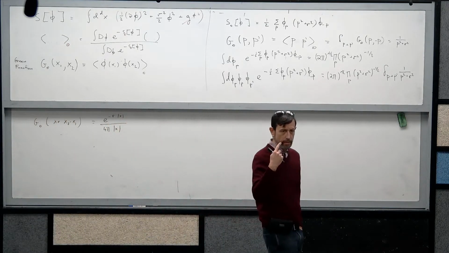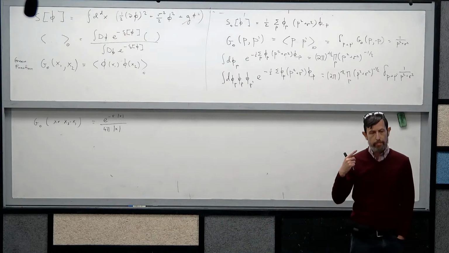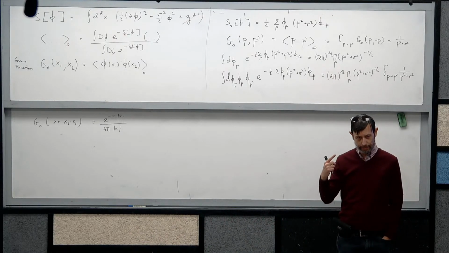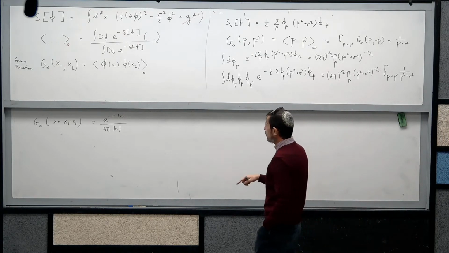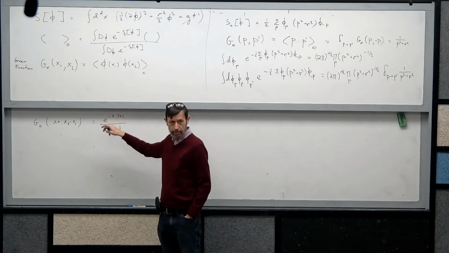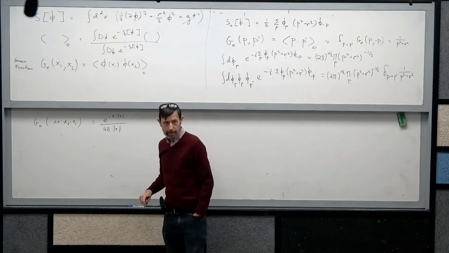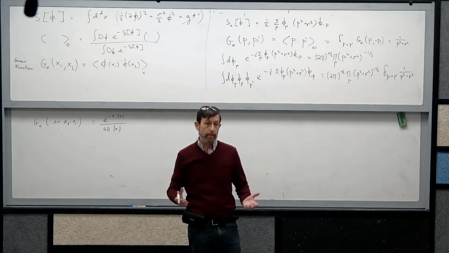Remember, this is the probability amplitude. The square is the probability. If R is equal to 0, you basically have diffusion.